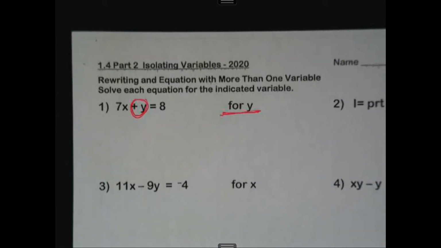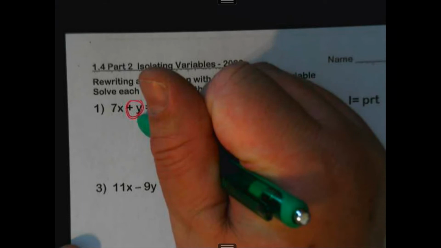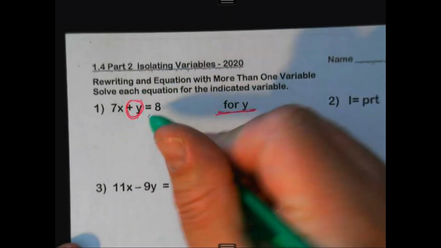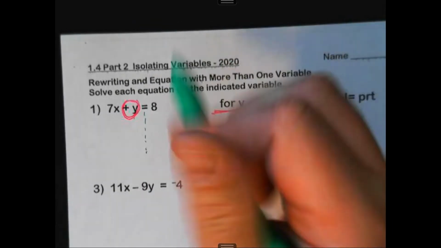And with this particular problem, the y is isolated. It doesn't have a coefficient. So this is pretty much a one-step equation because to get the y by itself, we have to undo the 7x. And if it helps, put your dotted line there, just like previous sections.